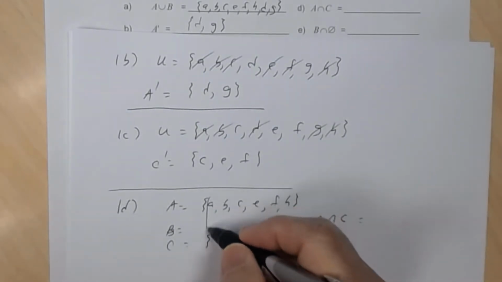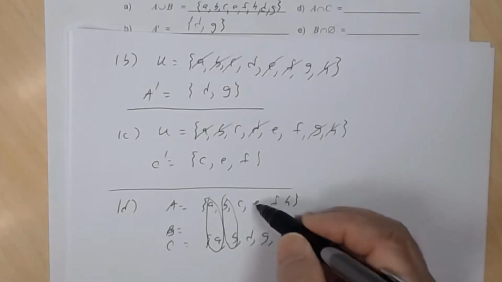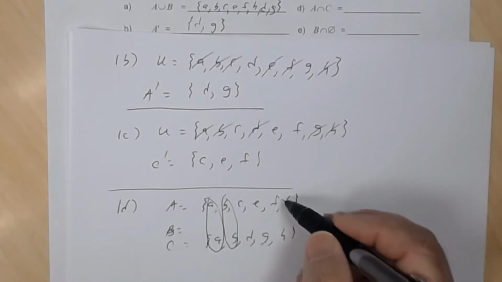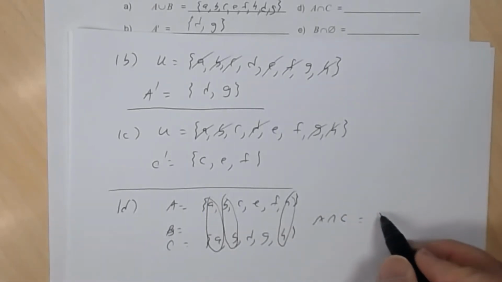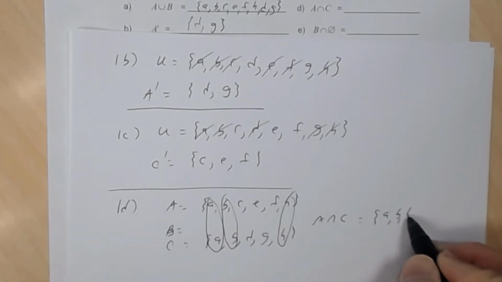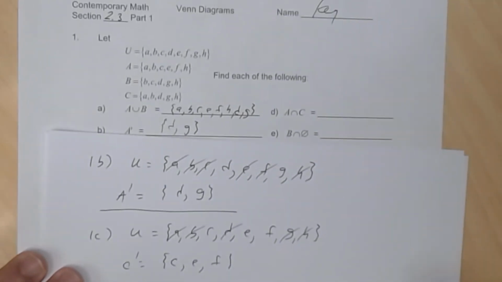They have A in common, they have B in common. They don't have C in common, they don't have E in common, they don't have F in common, but they have H in common. That's about it. So that would be A, B, and H. So that goes here.